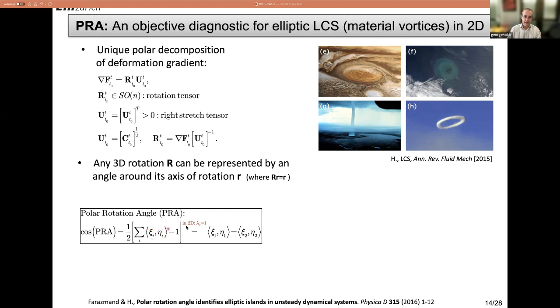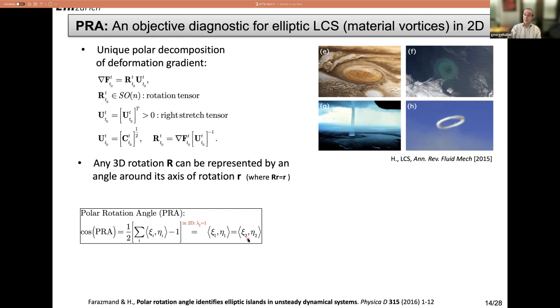That's in 3 dimensions. In 2 dimensions, if the flow is incompressible, then the intermediate eigenvalue, if you still think in terms of 3 dimensions even when you analyze 2 dimensions, is 1. Lambda 2 is always 1. And then this formula simplifies: it's either the product of the first left and right eigenvectors of the Cauchy-Green strain tensor or the second one, either way.